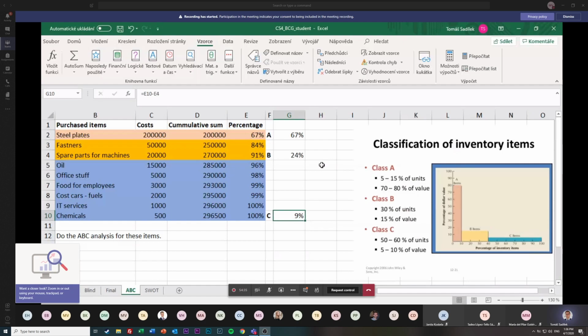Do the chart from these values. So in order to have a nicer chart, I just copied the values and inserted the chart.